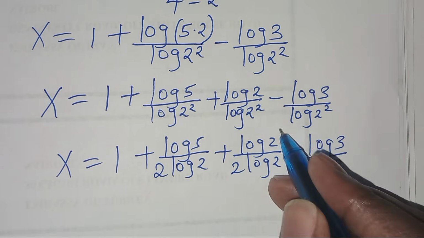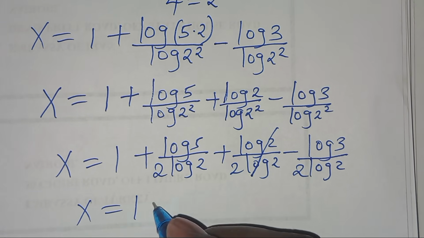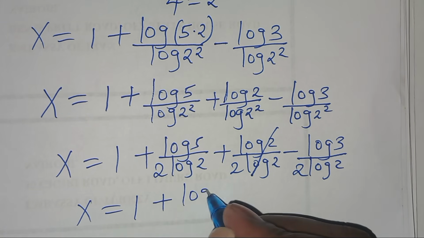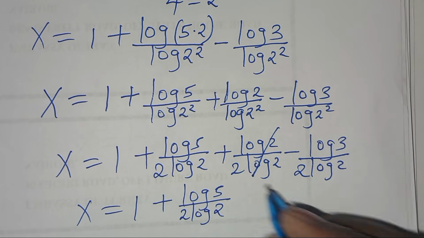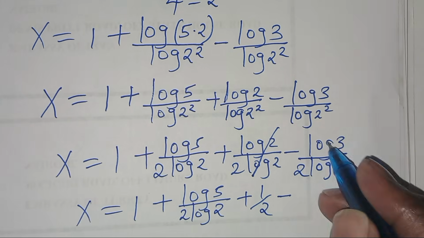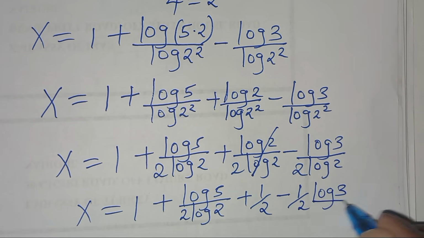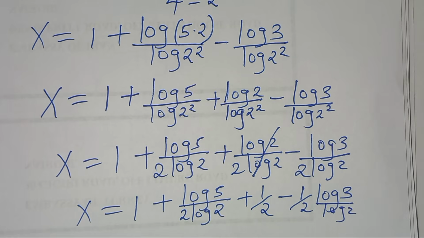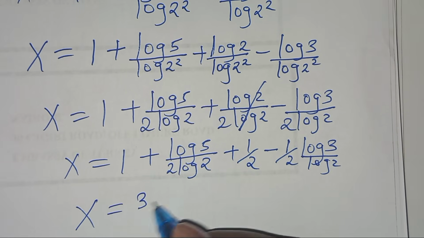So here, log 2 and log 2 will simplify, so that now x is equal to 1 plus log 5 divided by 2 log 2, then plus a half, subtract a half log 3 divided by log 2. So we have 1 plus a half. This is the same thing as 3 over 2.